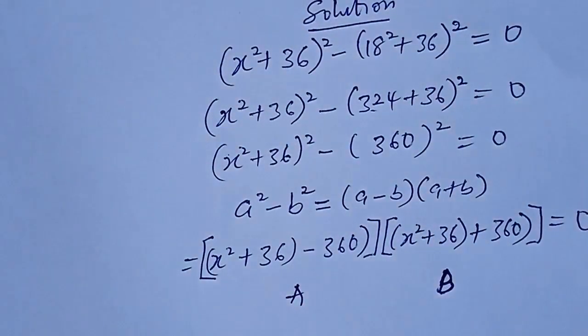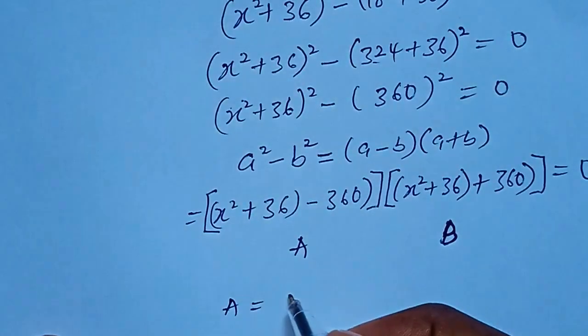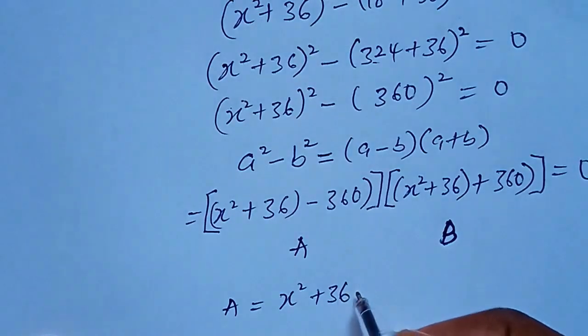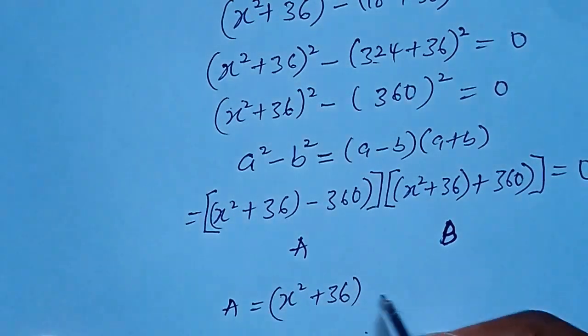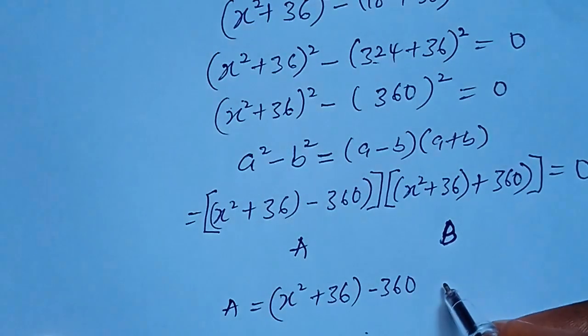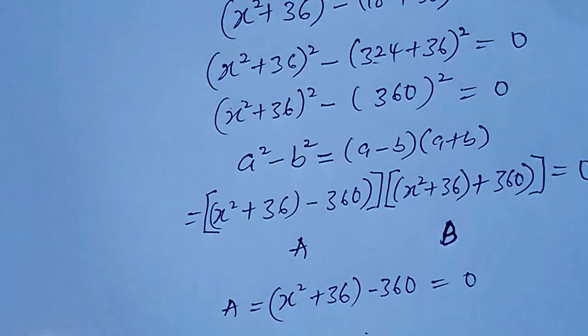To simplify a, we have a equals x raised to power 2 plus 36 minus 360, and that will be equal to 0.